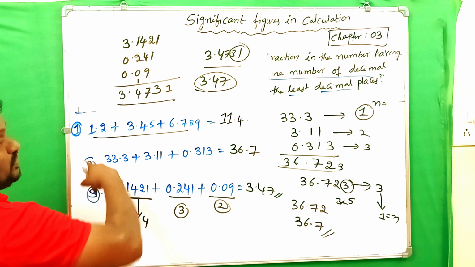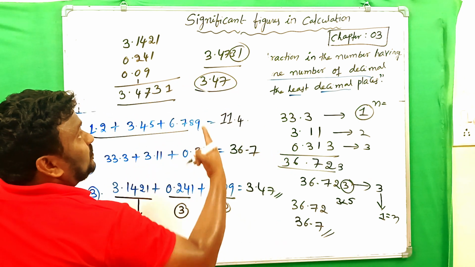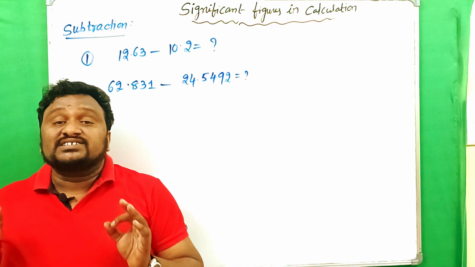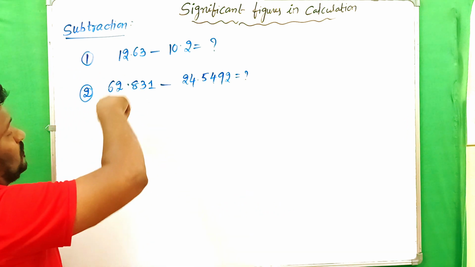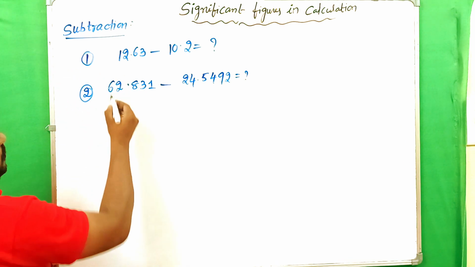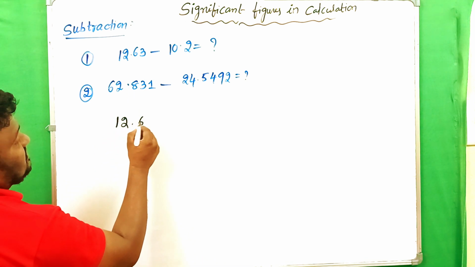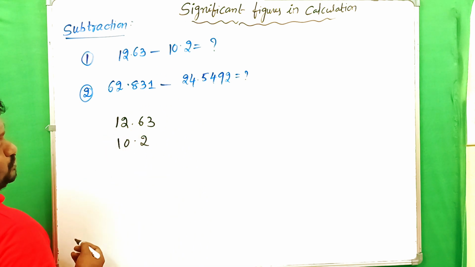Yes, in this way we can use the significant figures rules in case of addition. For addition and subtraction, we have to use the same rule. Look here, some examples are given. The first one is 12.63 minus 10.2.